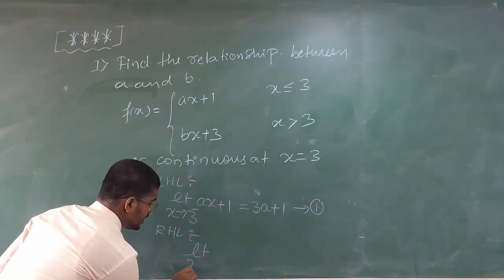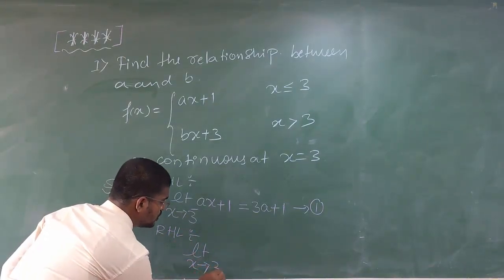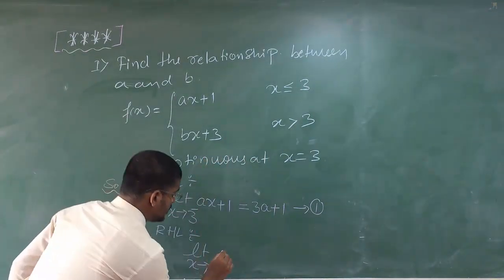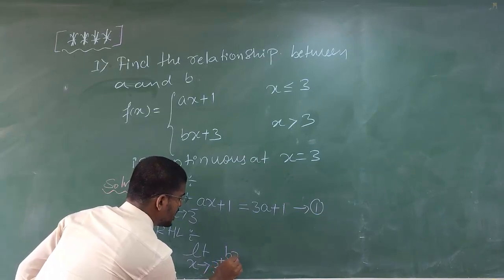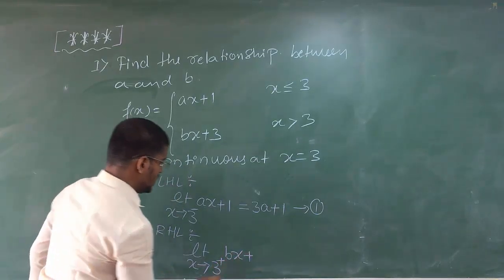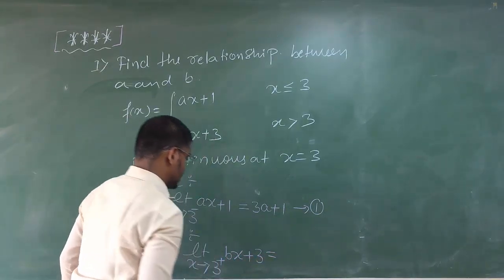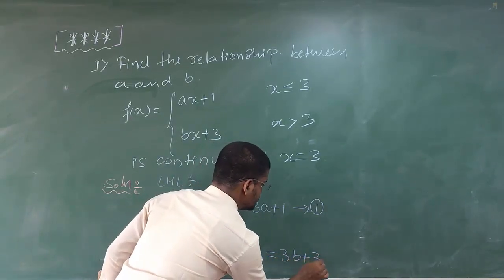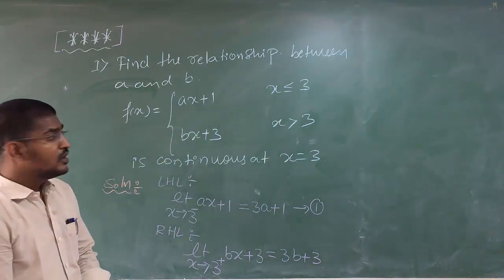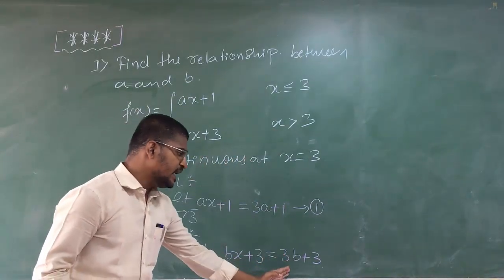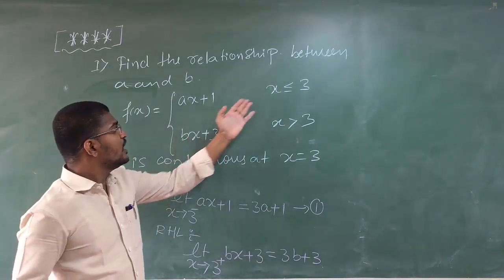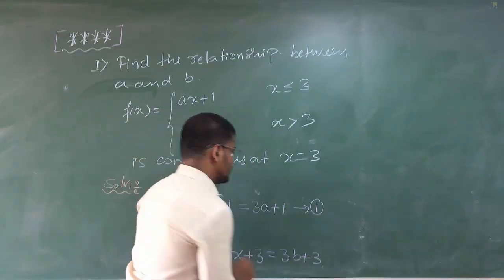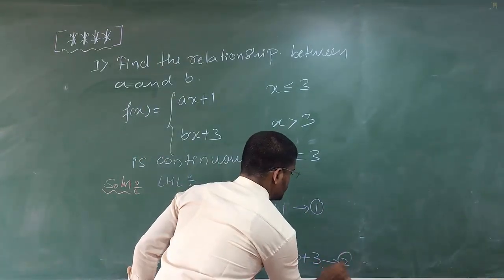Limit x tending to 3 plus, that is bx plus 3. It will be equal to 3b plus 3. Clear?